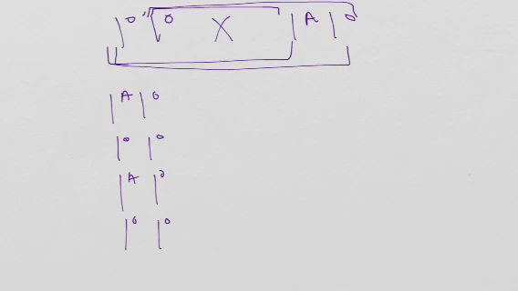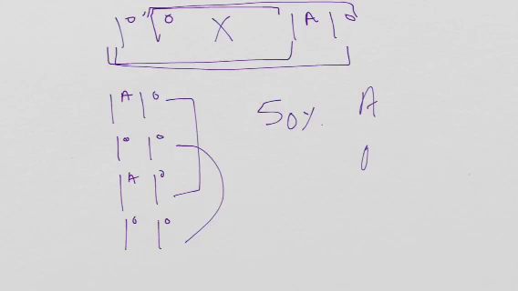If you bring it down, these two are the same and these two are the same, so you have a 50% chance of being either type A or type O.